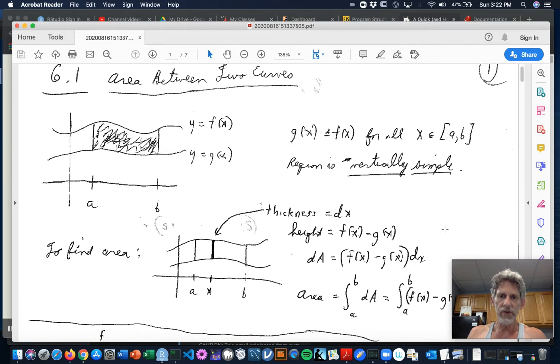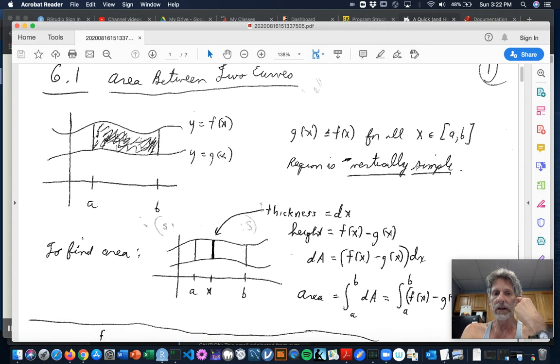Okay. Now, I should point out that the region that you're looking at here, where we set up that nice integral, is what we call vertically simple. The book is a little bit hazy in its definition of what simple means for a region, but the idea they want you to get, I think, is that a region is vertically simple if there is always one particular function that's on the top that has the higher y-coordinate and another function that's on the bottom that has a lower y-coordinate, okay?